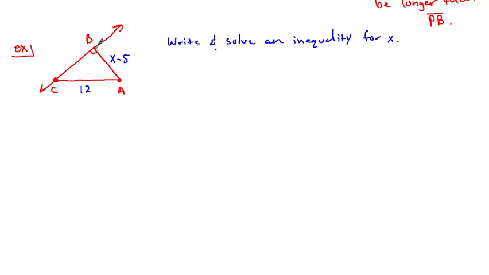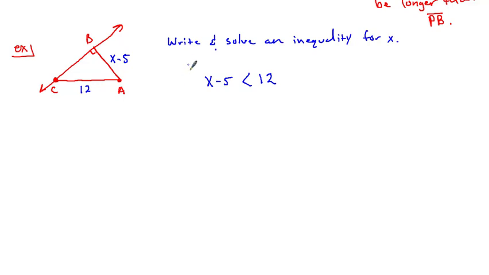So if we look over here at this line, BA, well, I don't know how long it is, but I know that it's got to be less than 12, right? So I'm going to say x minus 5 has got to be less than 12. It has to be, because from A to B is the perpendicular distance, and that's the shortest distance. So A to C has to be longer.